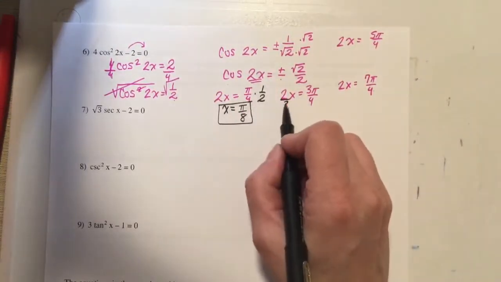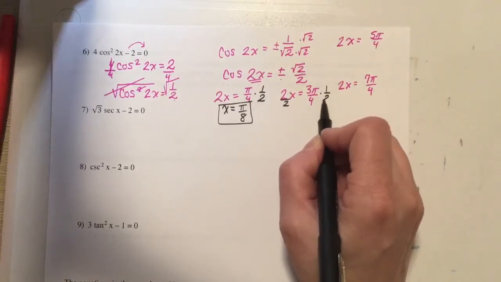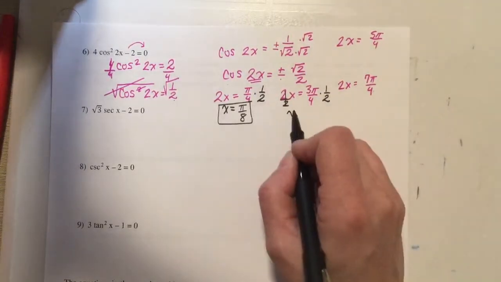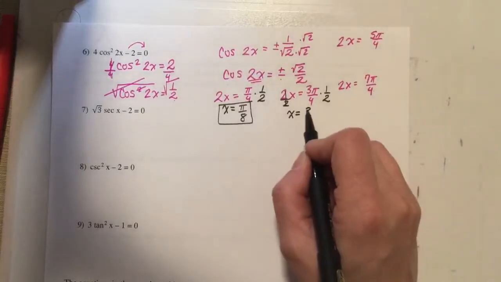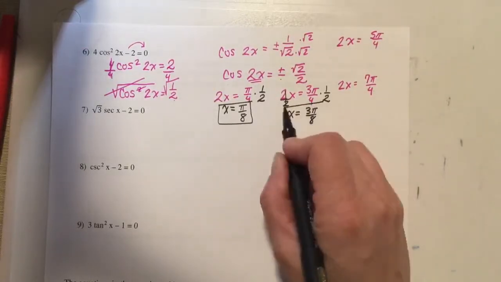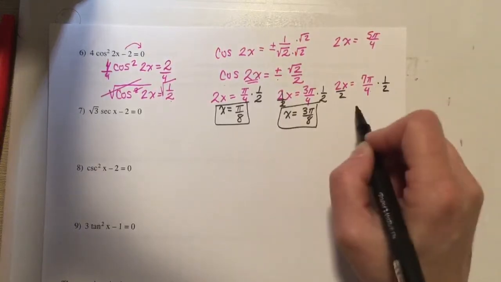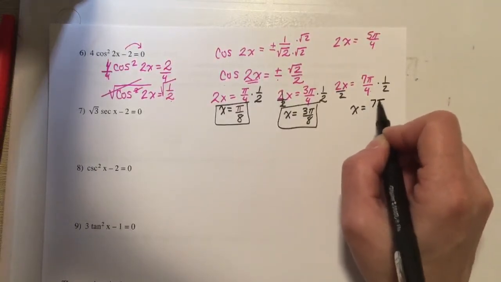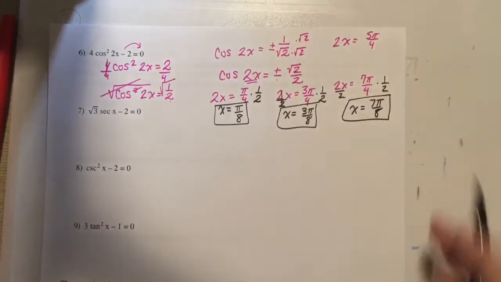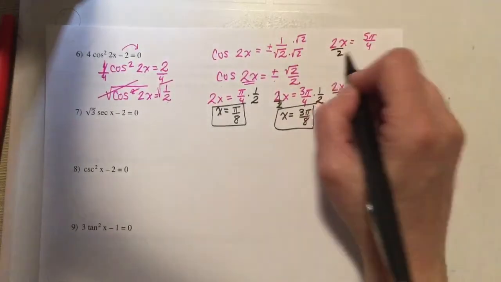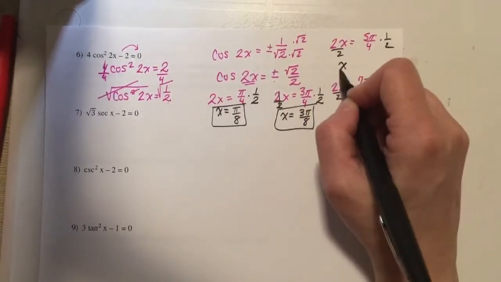Here again, if you go to divide by 2, that's the same thing as multiplying by 1/2. So you isolate the x. This is 3 pi over 8. Divide by 2, same thing as multiplying by 1/2. This is 7 pi over 8. Divide by 2, same thing as multiplying by 1/2.